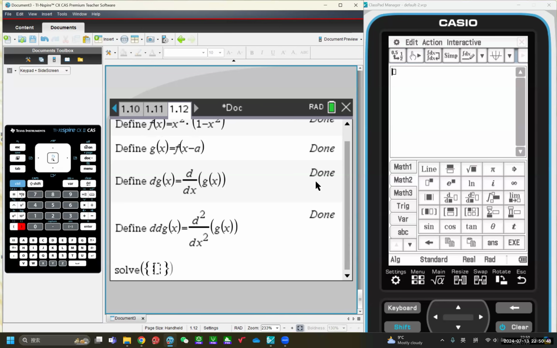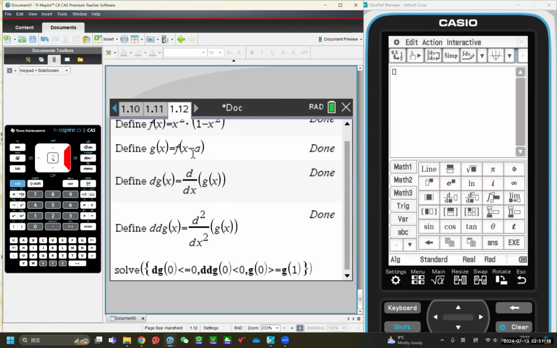Solve, firstly, dg(0) less than or equal to 0. Secondly, ddg(0). This time we have to make it less than 0, not equal to, because we don't count a stationary point of inflection. There's no stationary point of inflection in this case. Then g(0) greater than or equal to g(1).